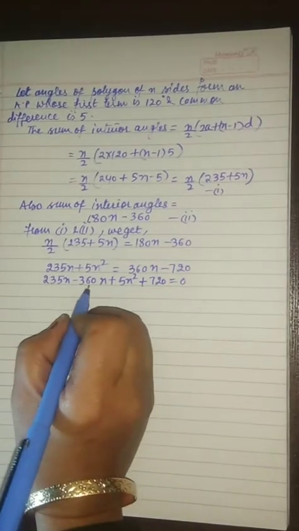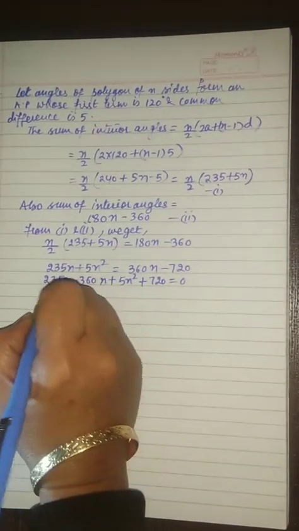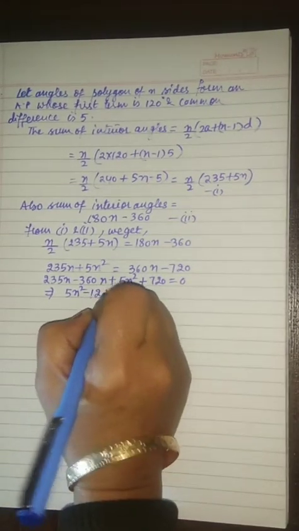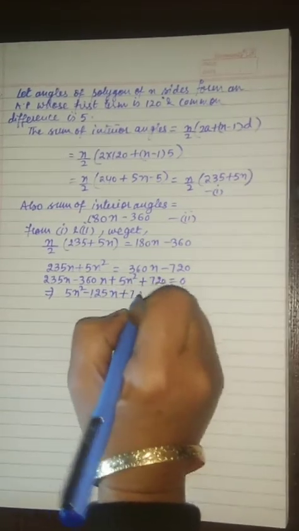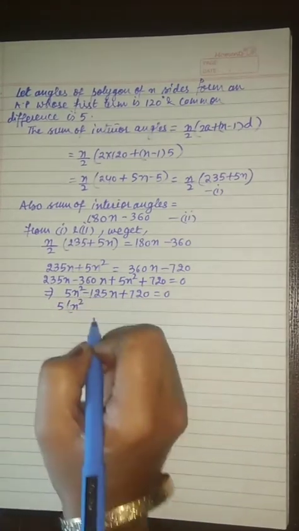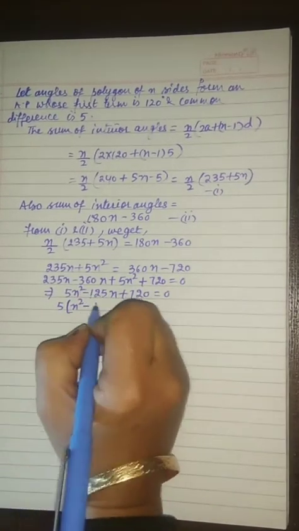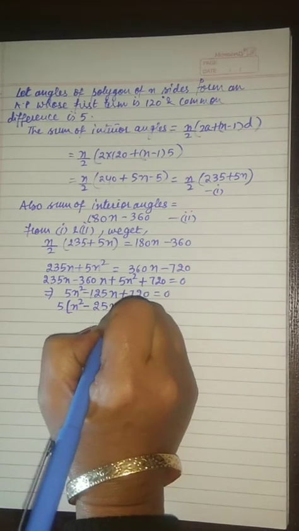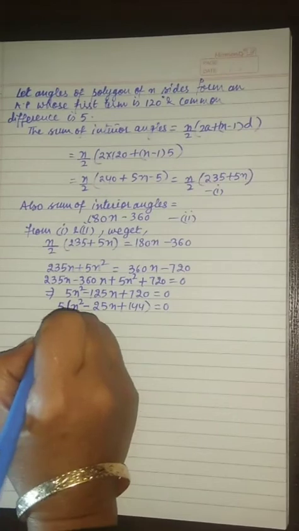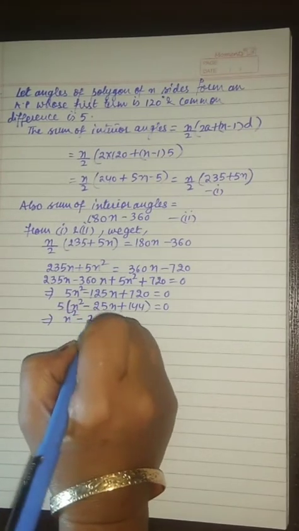Now this will become a quadratic in n: 5n square minus 125n plus 720. We will take 5 common from all the terms. So we will get n square minus 25n plus 144. So we will now split the middle term.